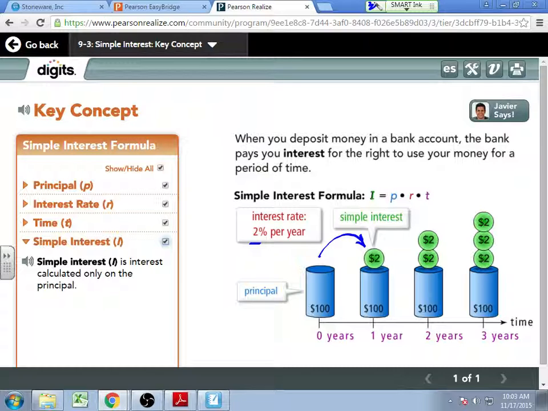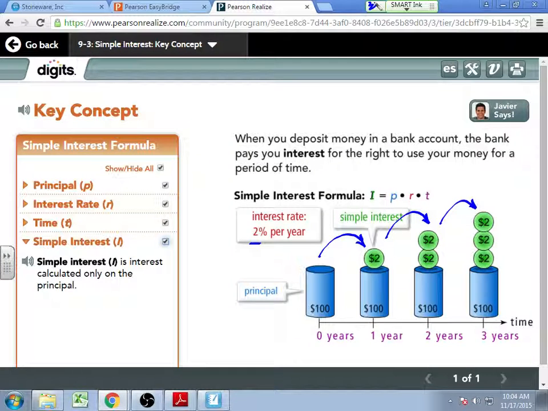Even though I made $2, my interest is still only calculated on the principal. So the next year, I still only make $2. The next year, I still only make $2. That's why it's simple. If the principal doesn't change, you always make the same amount of interest.